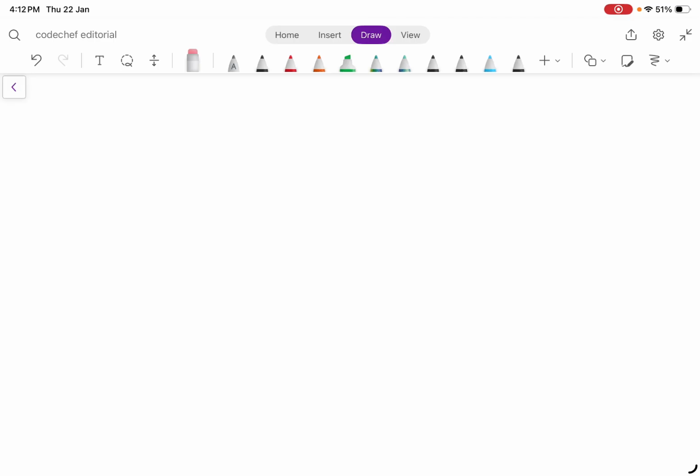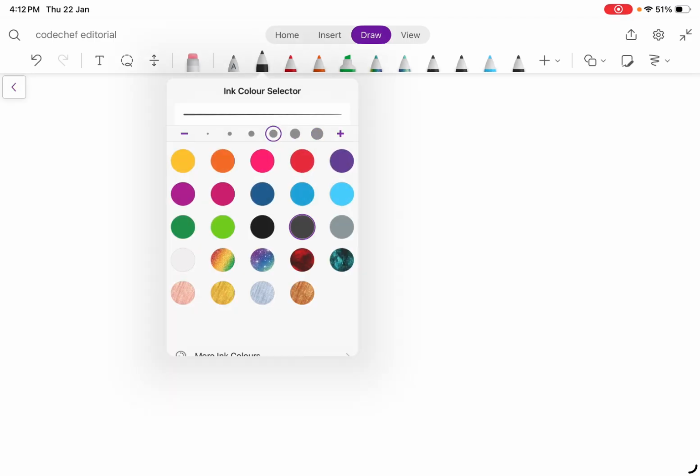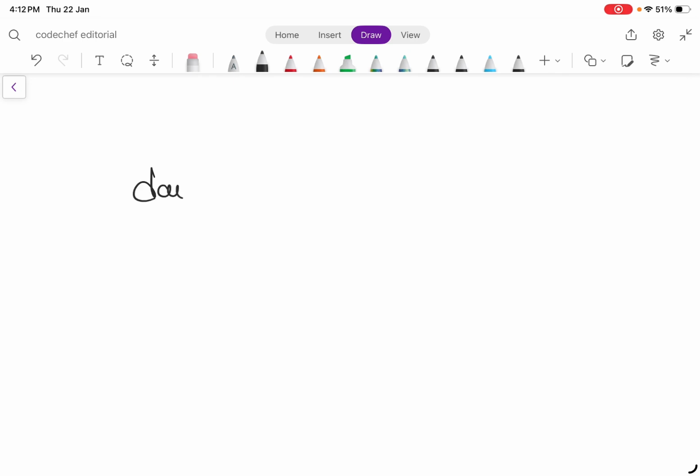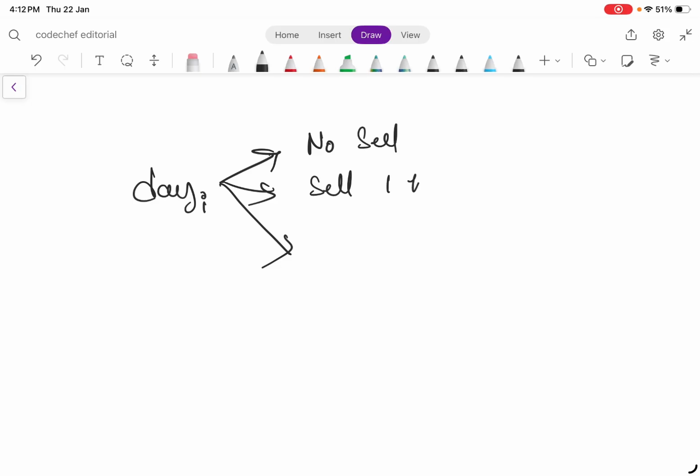Let's try to understand the transitions that we have on each day. Let's say on day i, we have 3 choices to make. First, we will not sell, that is no sell; or sell only 1 watch; or sell 2 watches.